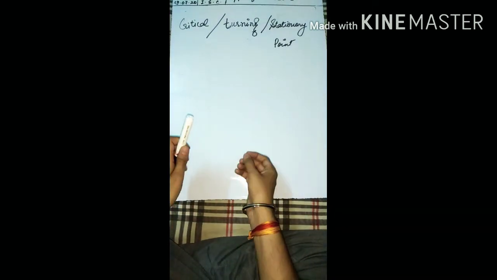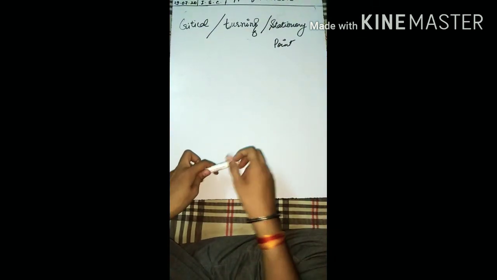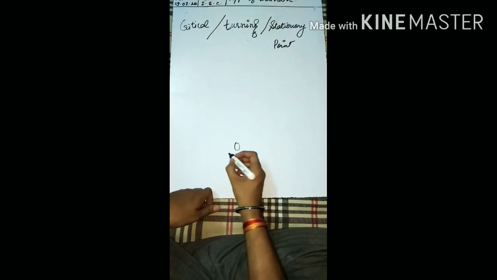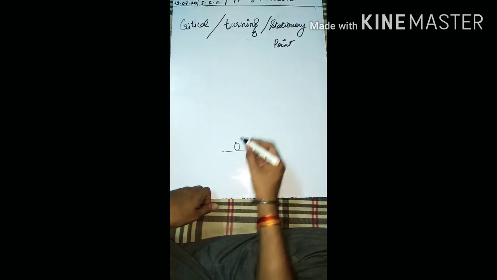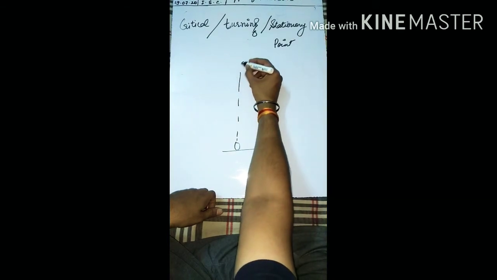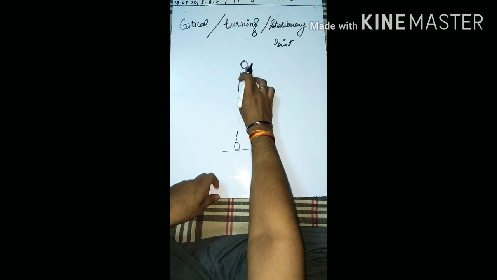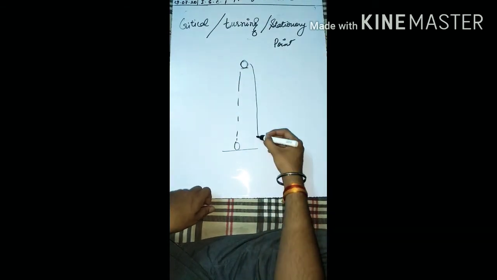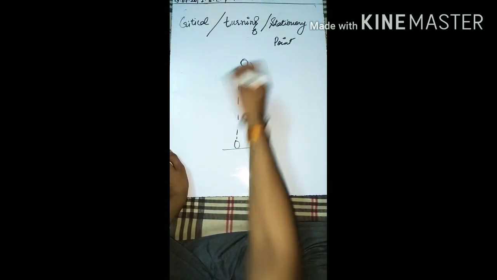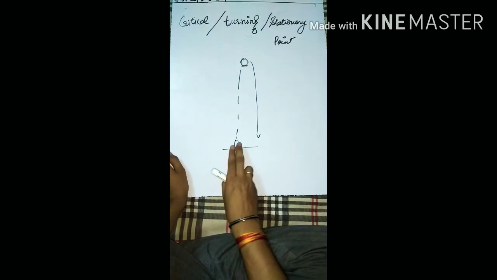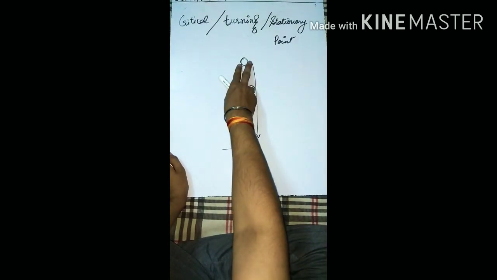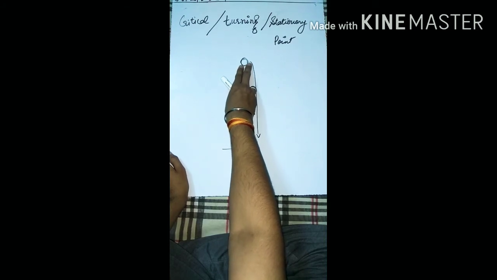If you throw a stone upward in the air, it will go up to its maximum height, and at one point it will be at rest, and then it starts to fall. So this point is called the turning point, because you threw the stone up to this height. At this height, the kinetic energy will be zero, because here you have the rest position.